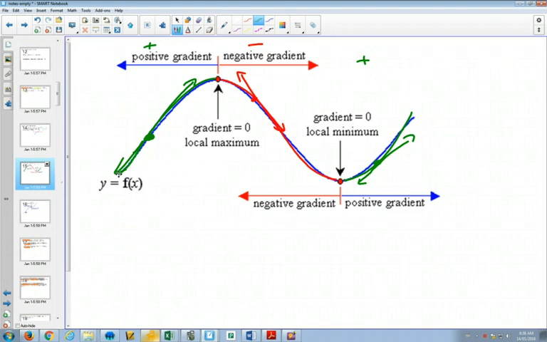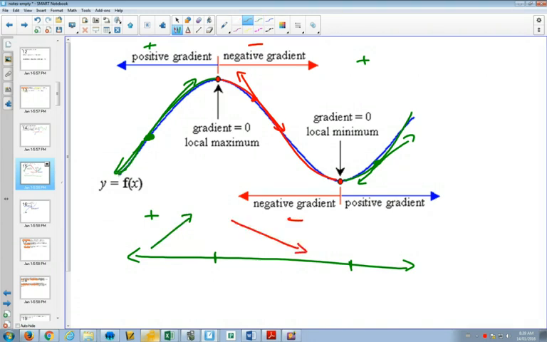And we did this before we drew our number line. We found out on our number line that here and here were where our tangent was equal to 0. Then we checked values before, and if you found this section to be positive, you knew your function was increasing. This section to be negative, you knew your function was decreasing.